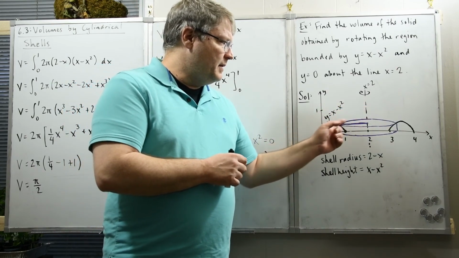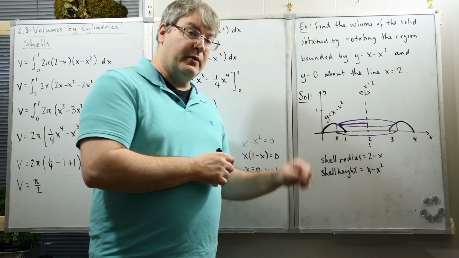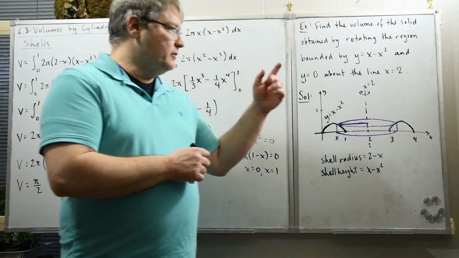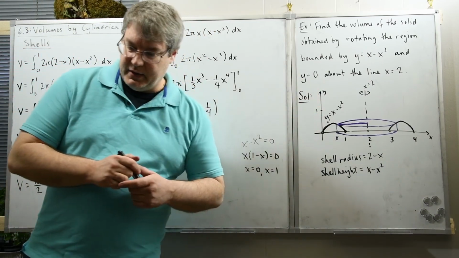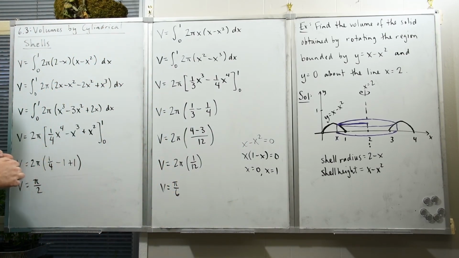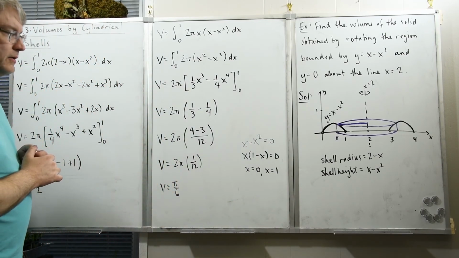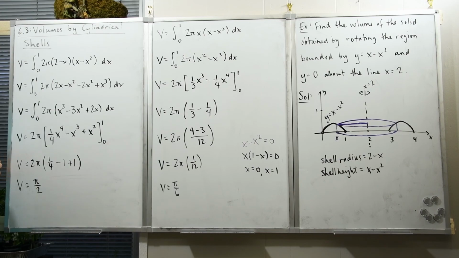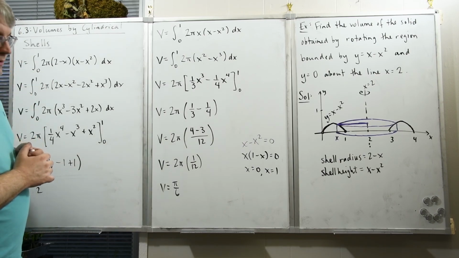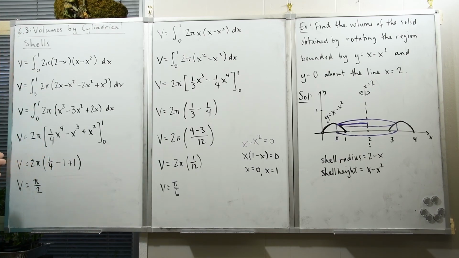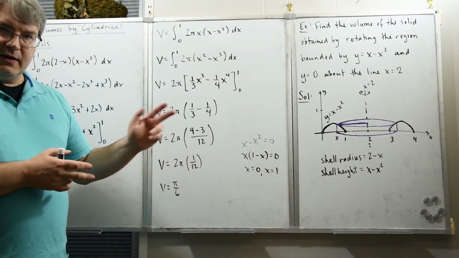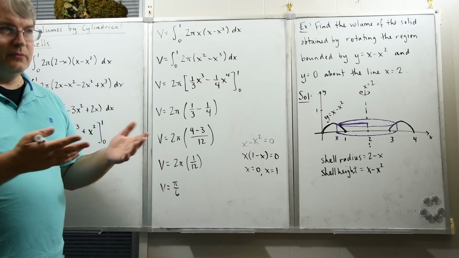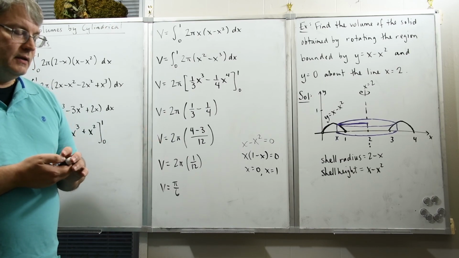However, in the shell method, the shell is dependent upon where we are x-wise. And so for revolution about a vertical axis, if we're going to find the volume of a solid of revolution using the shell method, we're integrating with respect to x. Also, although I didn't do any examples, we could take a look at using the shell method when revolving about a horizontal axis, and we would, in those cases, integrate with respect to y.